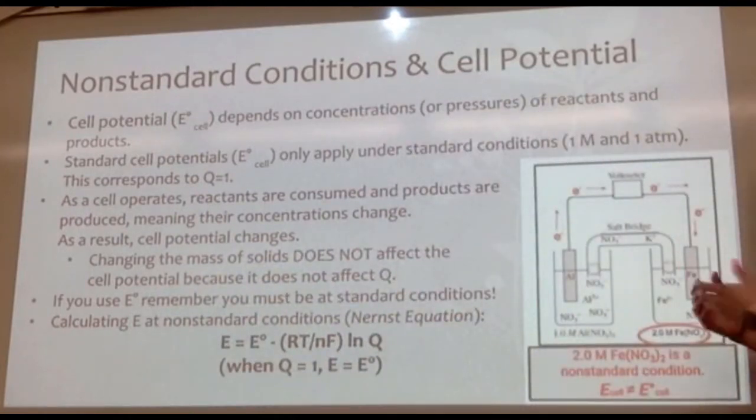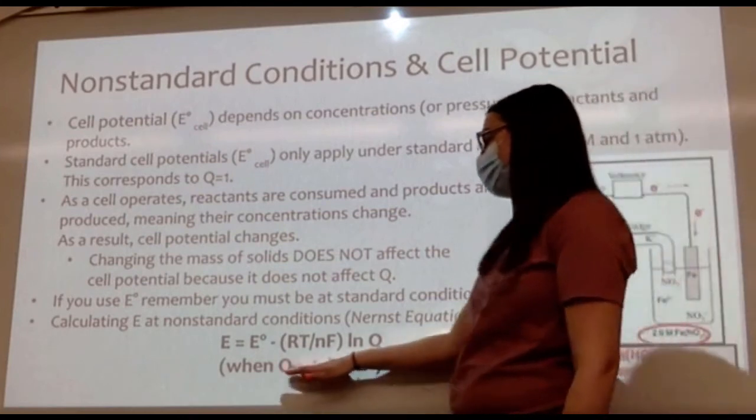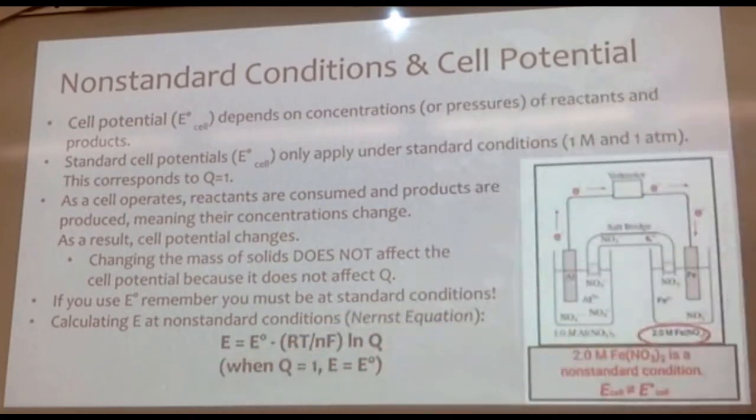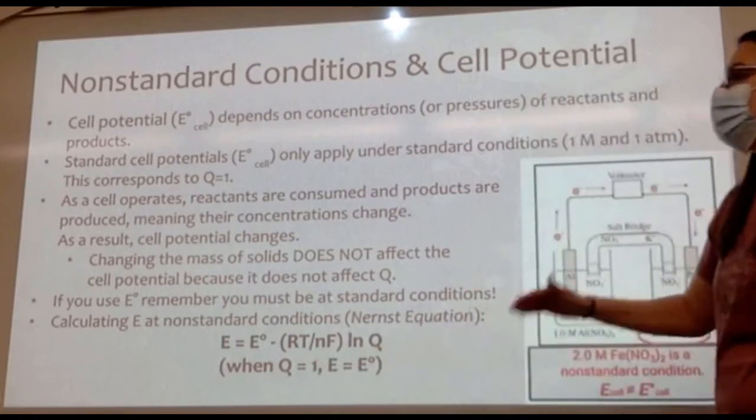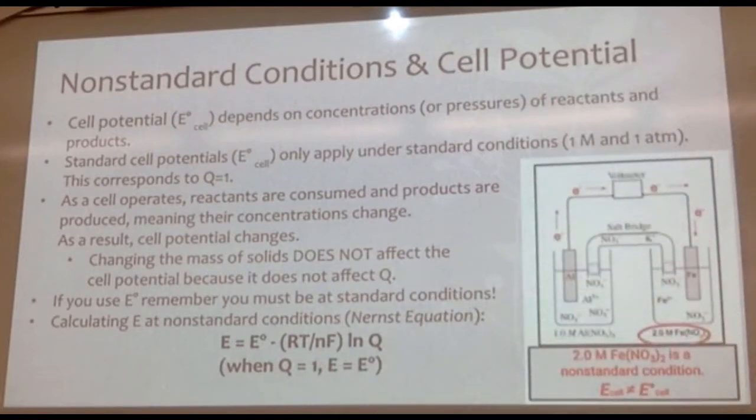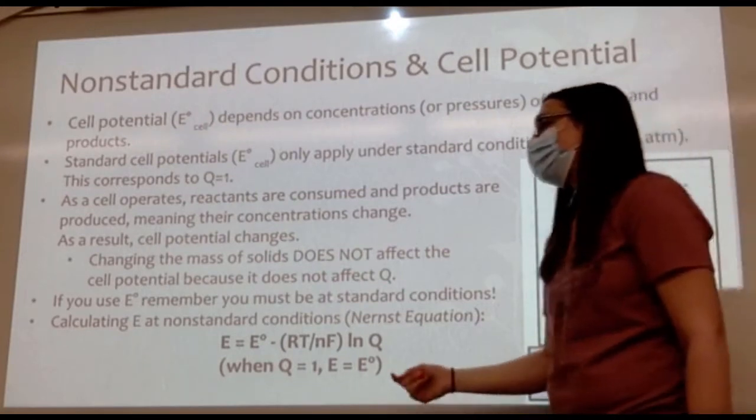If we are at non-standard conditions, we have this equation, which is now given on your equation sheet again. They took it off, now they put it back on. This is the Nernst equation. AP does not require you to do calculations with the Nernst equation. They give it to you so that you have it, but you don't actually do calculations with it.